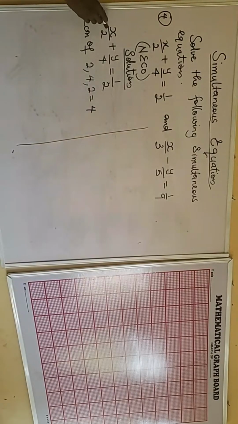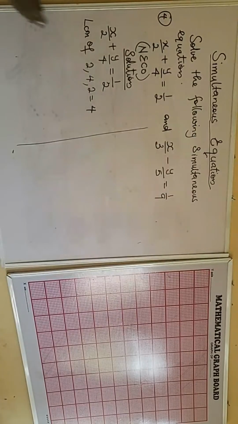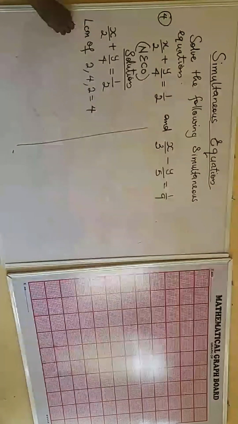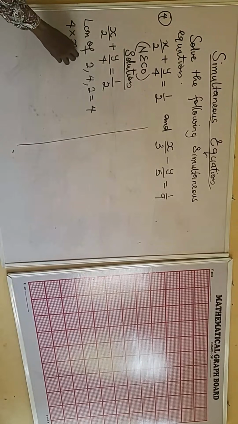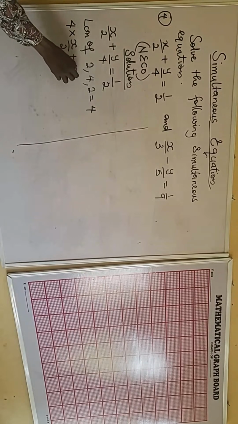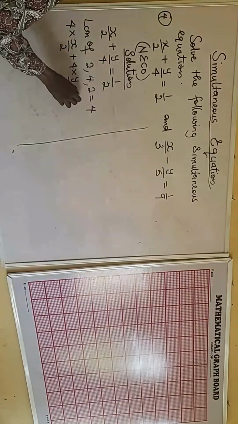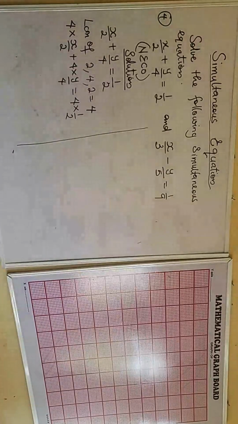To multiply each of these terms by 4. Now, here is 4 times x over 2 plus 4 times y over 4 is equal to 4 times 1 over 2.